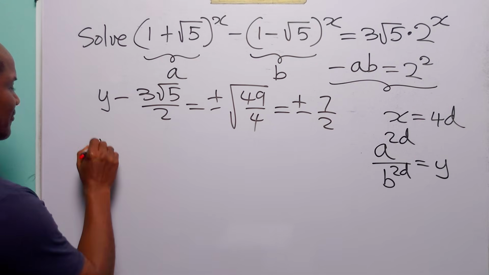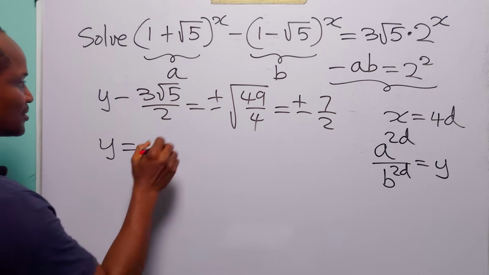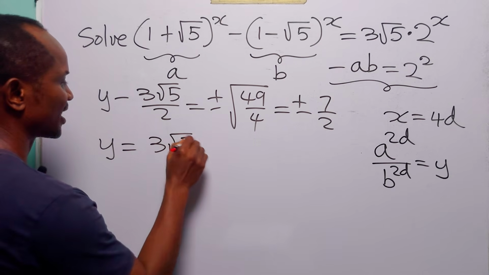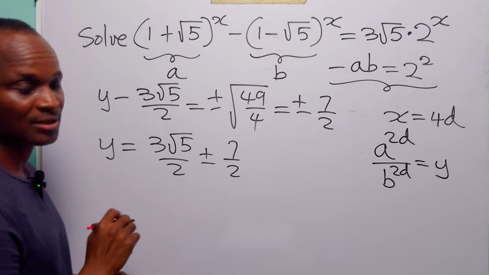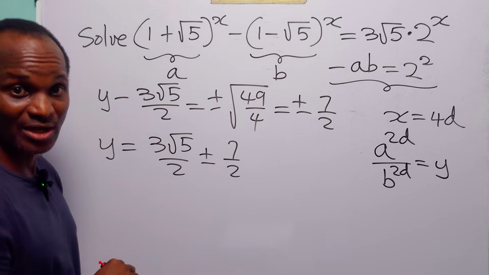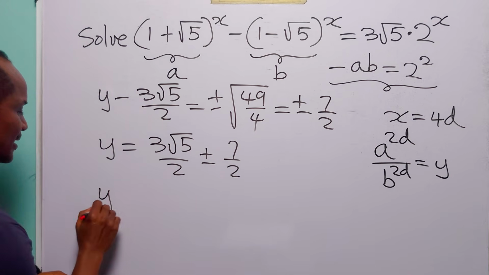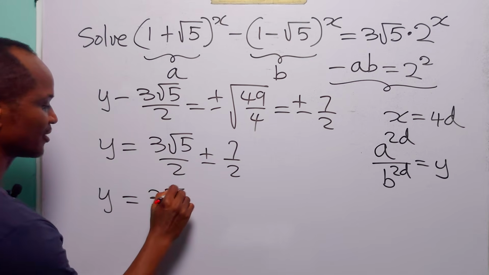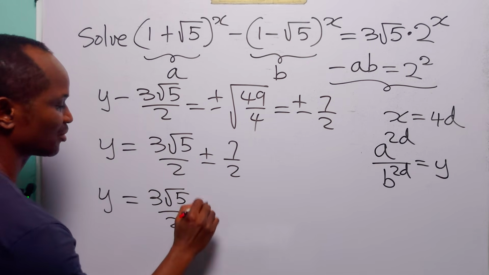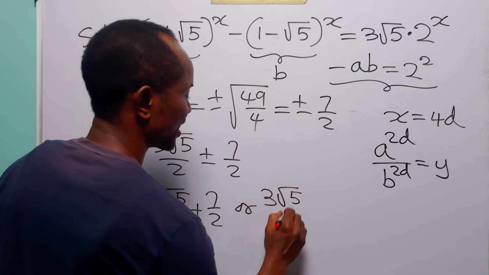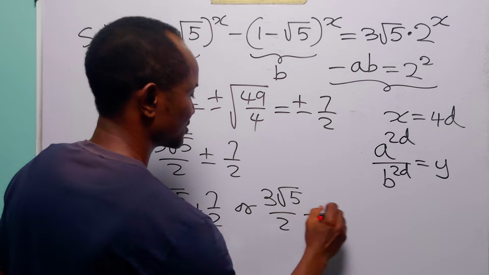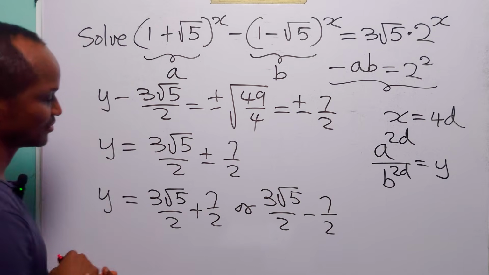And of course, from here we have that y is equal to 3 root 5 over 2 plus or minus 7 over 2. So we have found two values for y. We have that y is equal to 3 root 5 over 2 plus 7 over 2, or 3 root 5 over 2 minus 7 over 2.